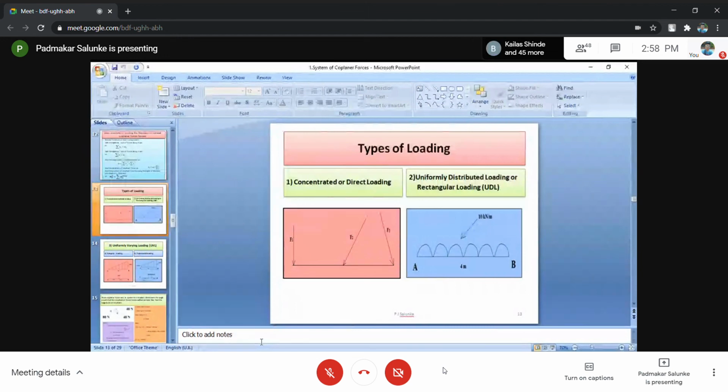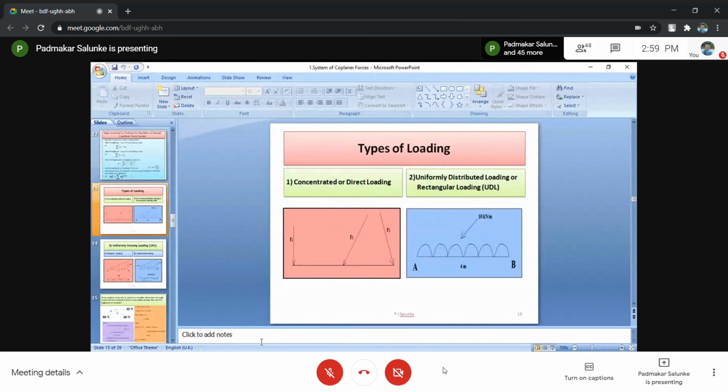That beam is the perfect example of uniformly distributed load because that beam is resting on two pillars or two columns. The loading which is coming from the beam is the perfect example of uniformly distributed load, or this beam looks to be a rectangle. That's why it is called rectangular loading also.